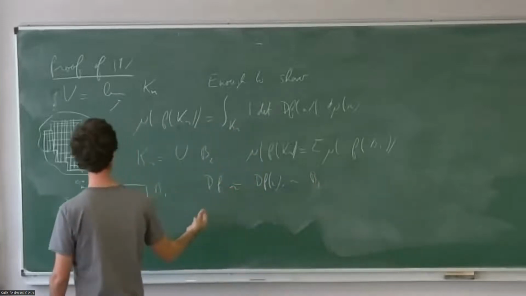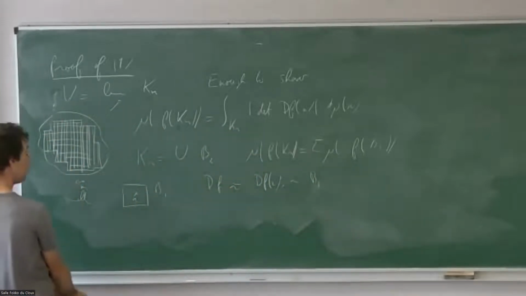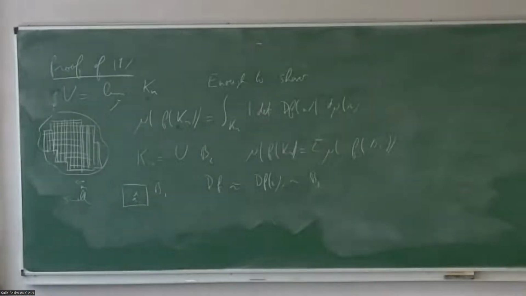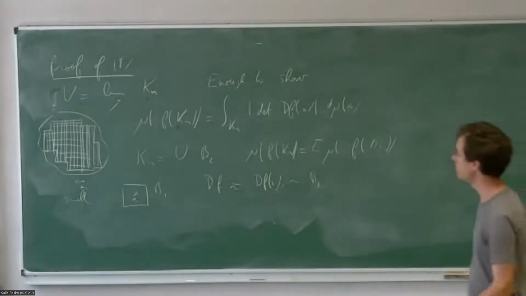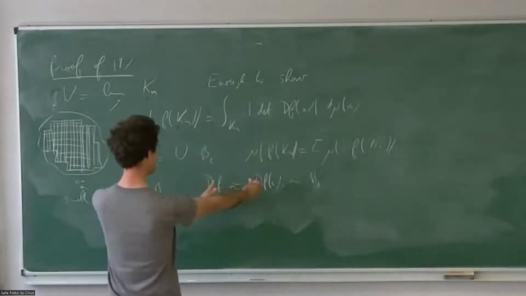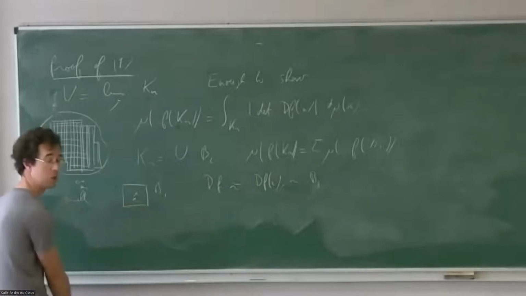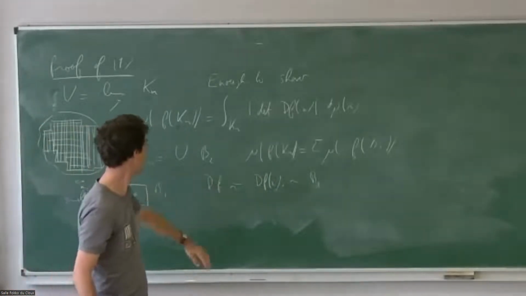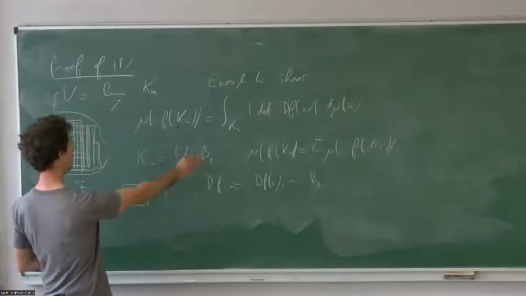Why is that so? Because I'm on a compact set, n is small, and since I have taken this C2 control here, I mean that the third derivative is Lipschitz. So if n is small enough, the difference between these two guys is controlled by the mesh. So these two guys are close, and it's uniform over all i.